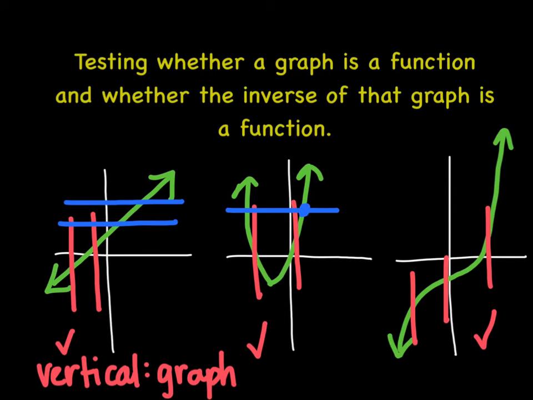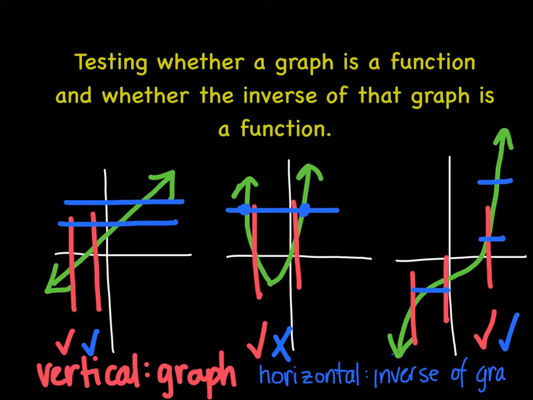I hit 2 times, so the inverse of this graph is not a function. I only hit once, so the inverse of that graph will be a function. So the horizontal line test will test whether the inverse of the graph is a function.